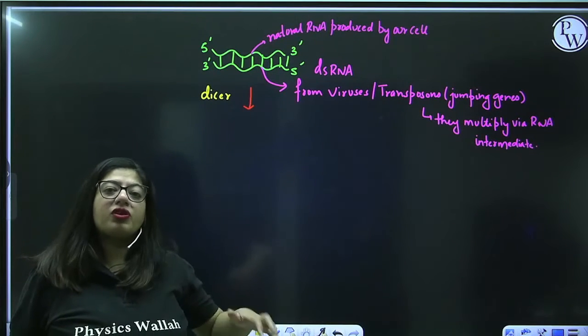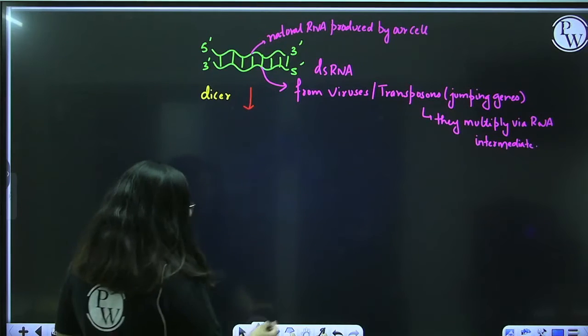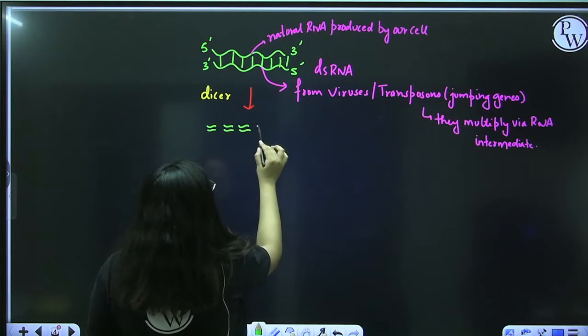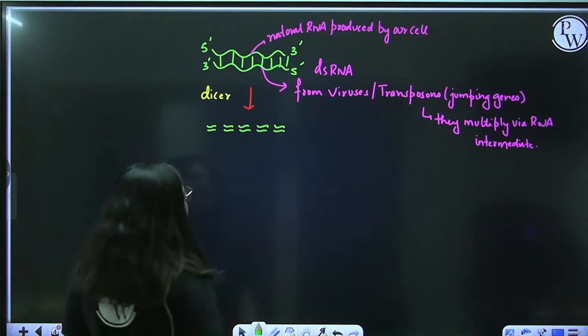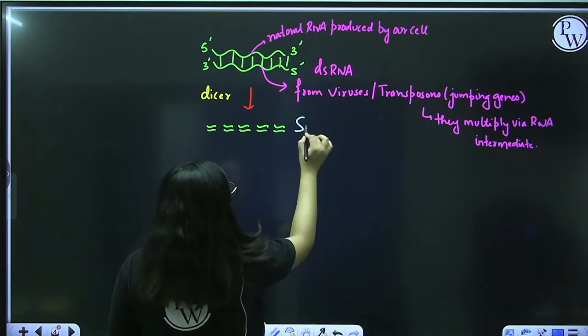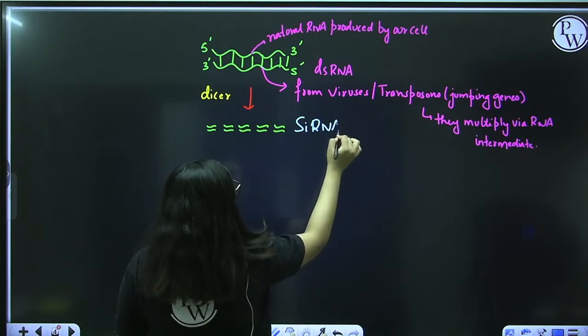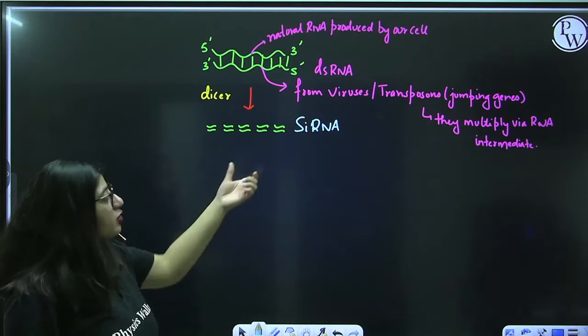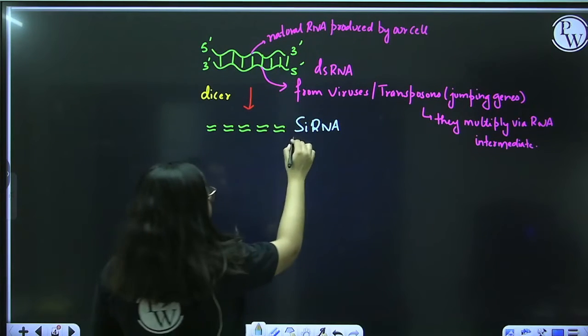Dicer comes from the word dicing. The purpose of this dicer is to chop this double-stranded RNA into small pieces, right? And these are known as small interfering RNA, siRNA. So basically this enzyme will convert your large double-stranded RNA into small interfering RNAs.